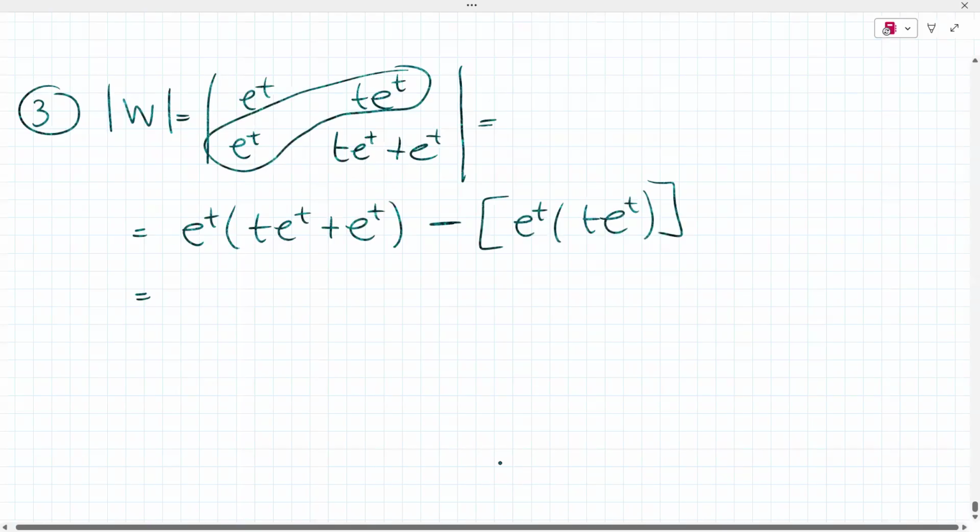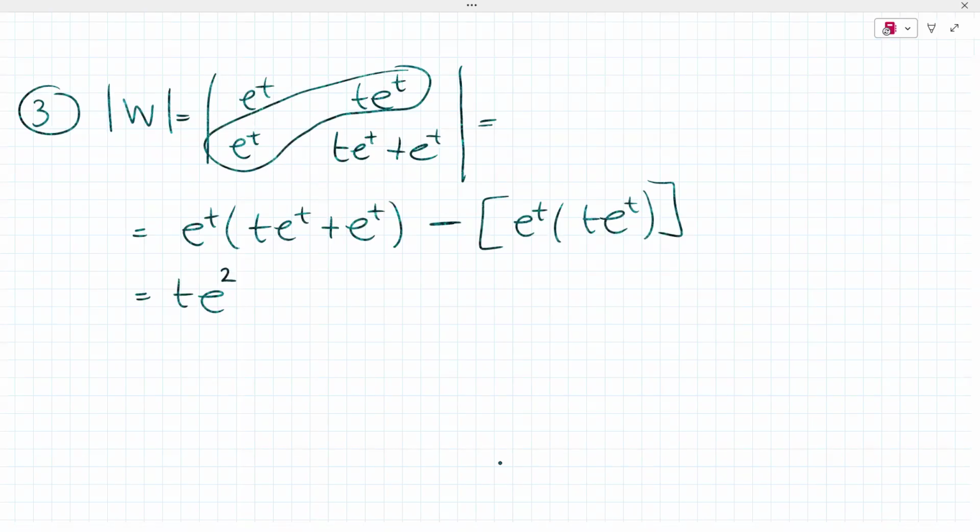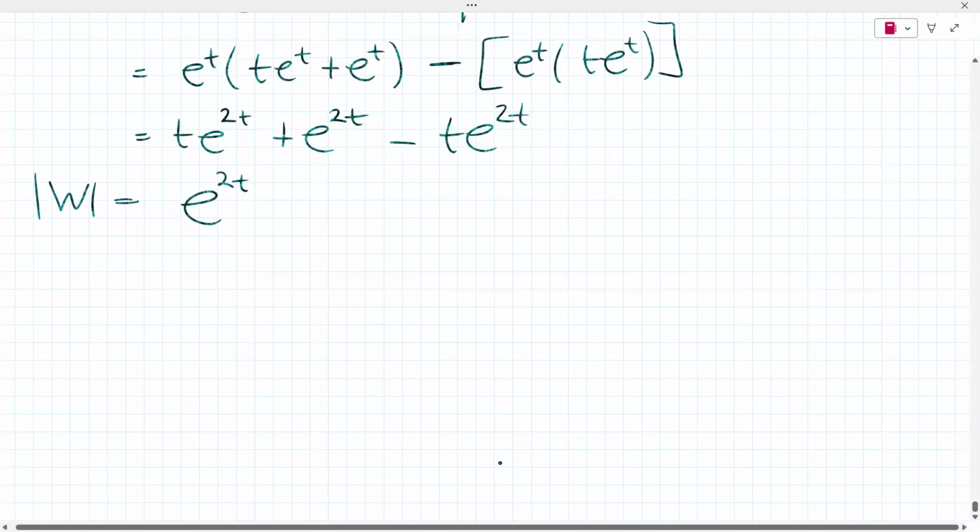And when you clean this up, you're going to get t e^(2t) plus e^(2t) minus t e^(2t). When you clean that up, your Wronskian determinant is e^(2t). Okay, step 4, find your u1 prime and your u2 prime.